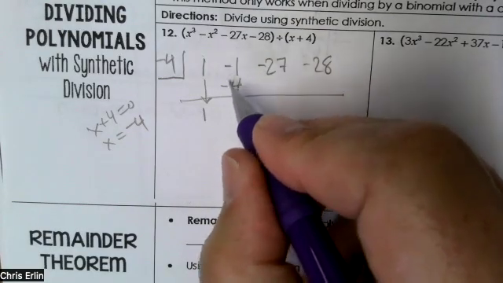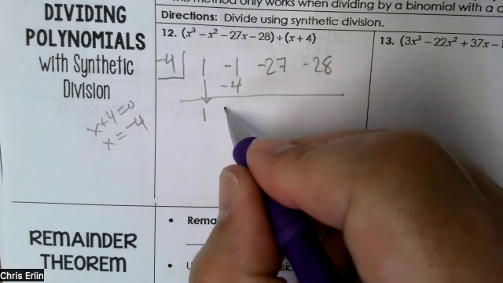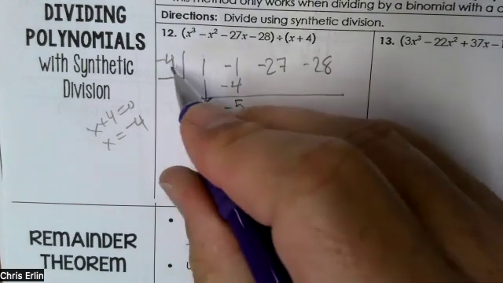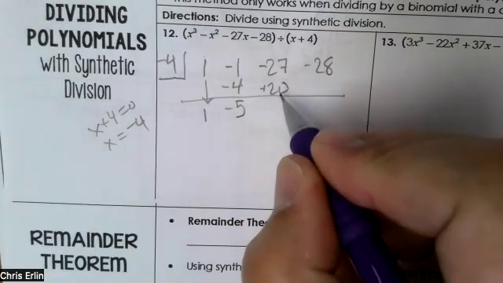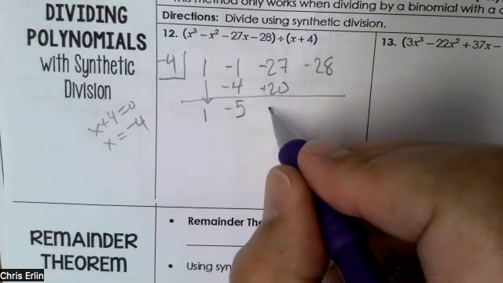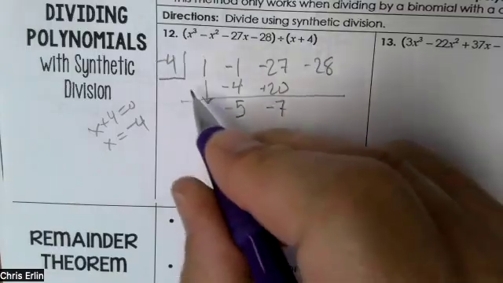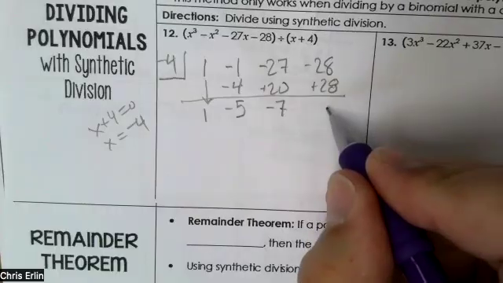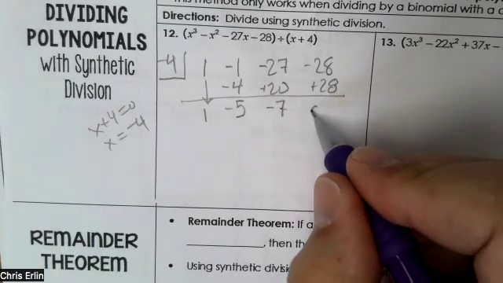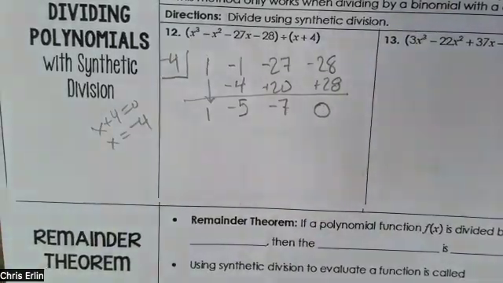Add these down, -5, multiply, +20. Add these down, -7, multiply, +28. Add these down, 0.